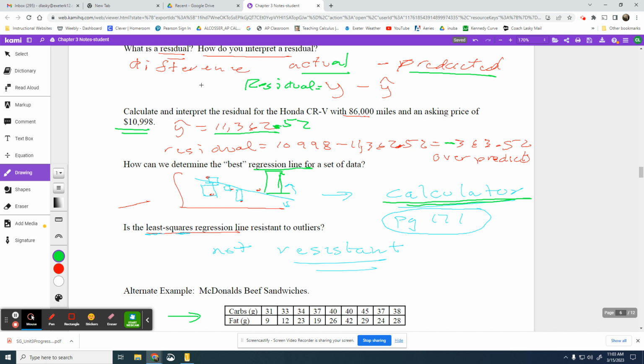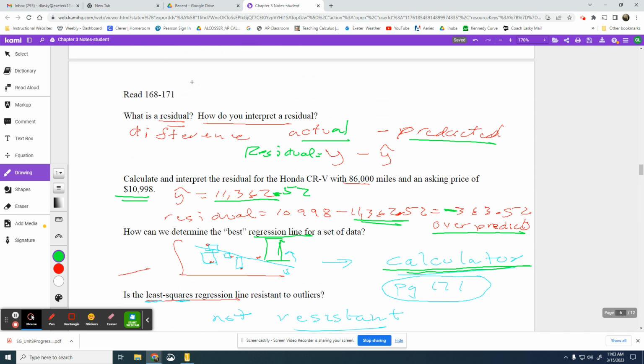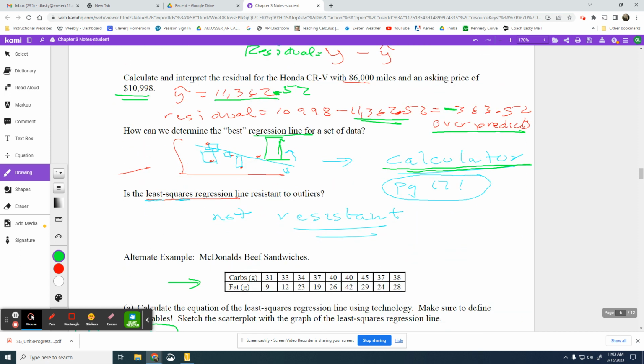And it gives you a negative value. That negative value tells you that we over predicted because this is going to be above the actual value. So the least squares regression line over predicts the value. Okay, that's how you interpret it.